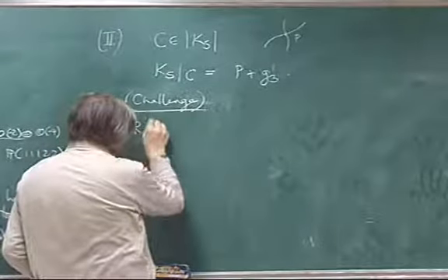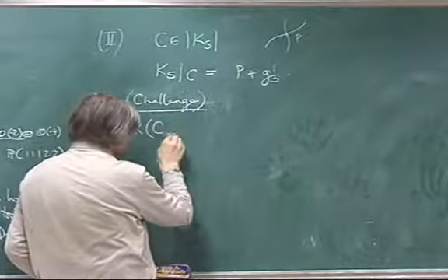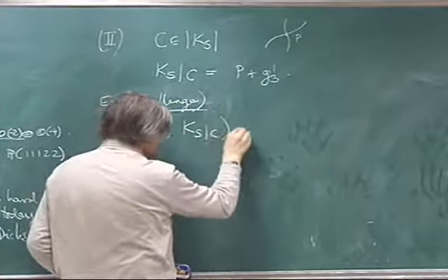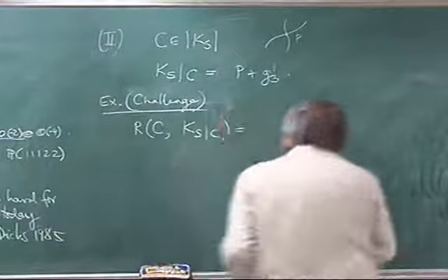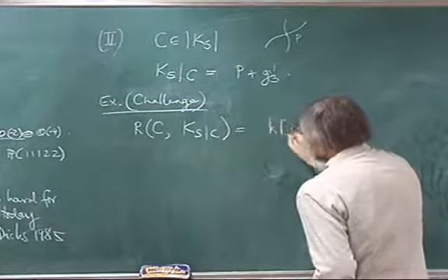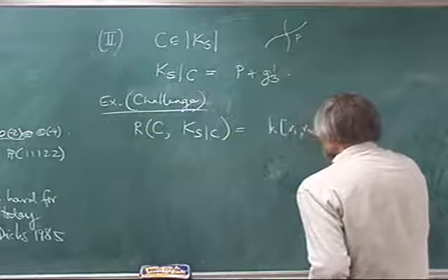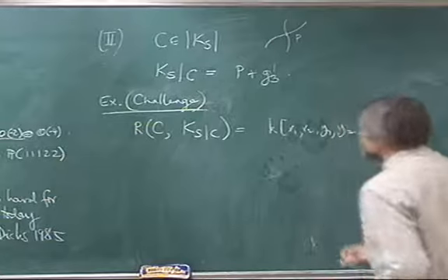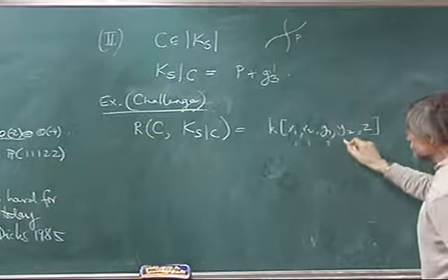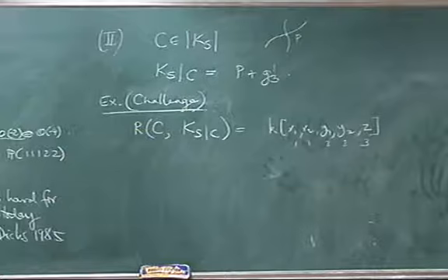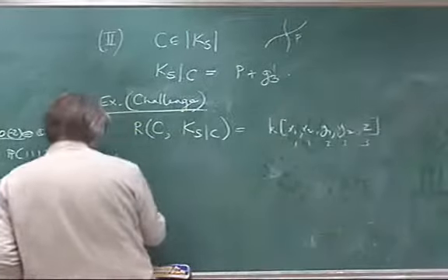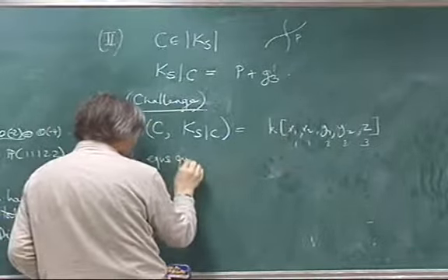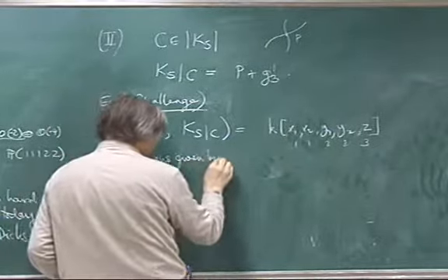So R of this C with this Ks restricted to C is the ring of x1, x2, y1, y2, z in degrees 1, 1, 2, 2, 3, right, with equations given by the Pfaffians.